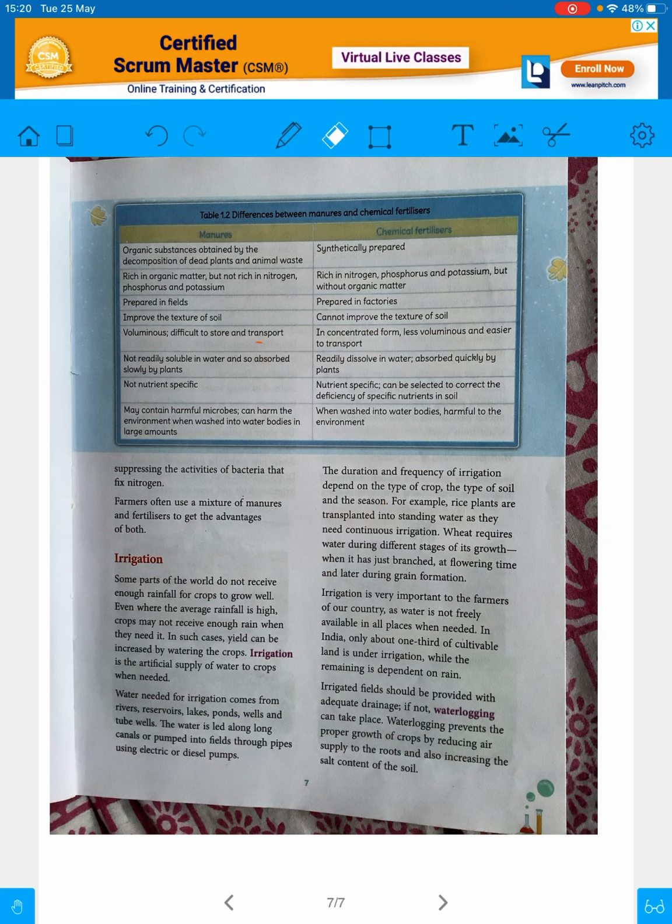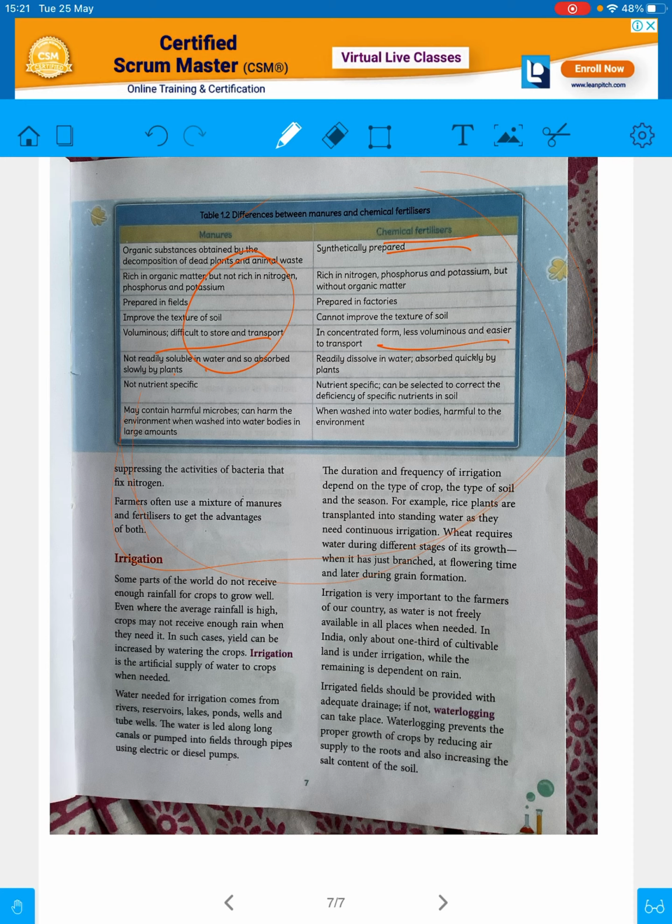That is why it is less voluminous. Voluminous means their volume is more, a larger amount is required, and that is why chemical fertilizer is less voluminous. That means it requires less quantity. Manure is difficult to transport because its quantity is too much, and chemical fertilizer is easy to transport because the quantity is very less.